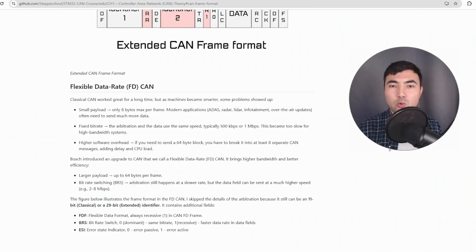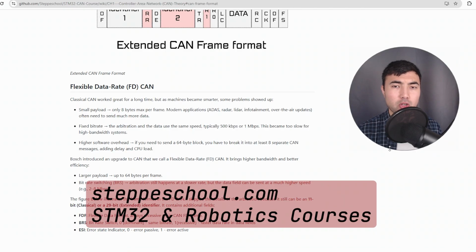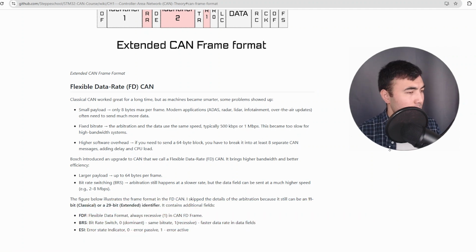Classical CAN worked great for a long time. It helped to solve different problems in various domains, but as systems became more complex and smarter, two main problems showed up. The first is the small payload.